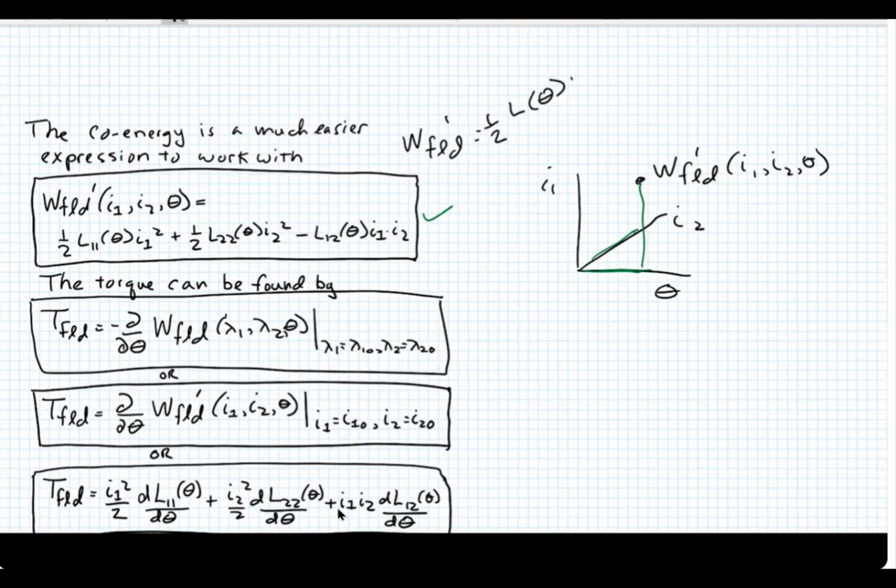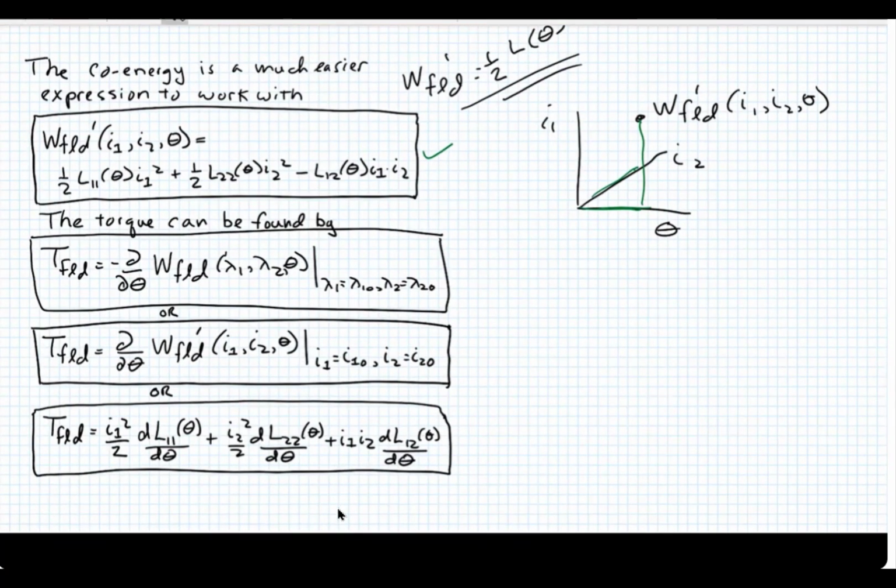So L is a function of theta, quite simply, right? Now it becomes this. So we end up having a co-energy in terms of the self-inductance terms L11, L22, and then the mutual inductance, L12.